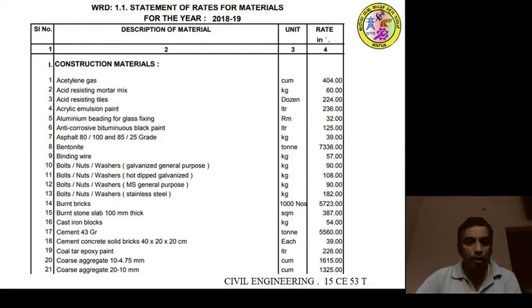Again, serial number 14, burnt bricks. The units are mentioned in numbers, that is per 1000 numbers. The rate of brick will be 5723 per 1000 numbers. That means the unit rate will be very important for finding the cost of the material.